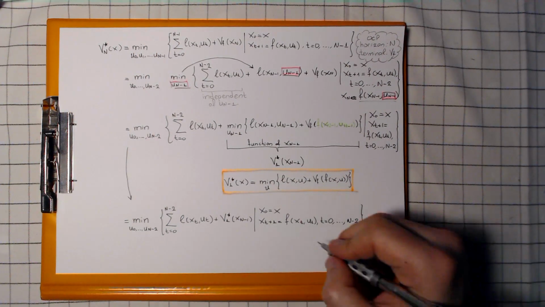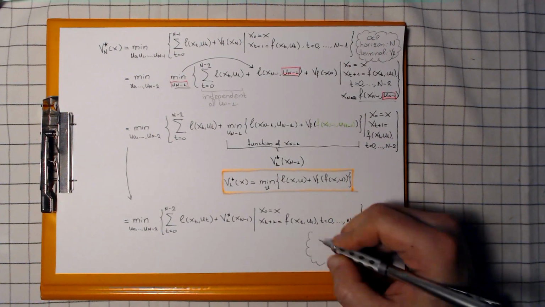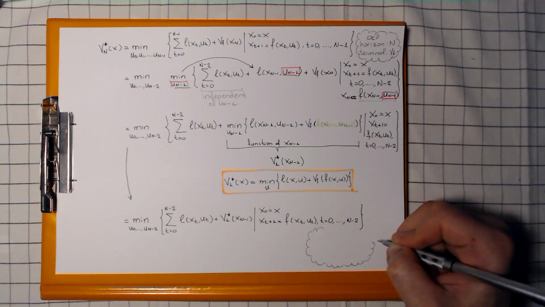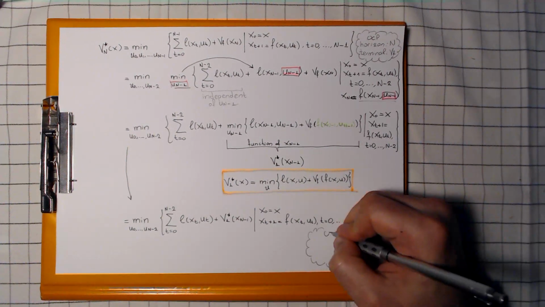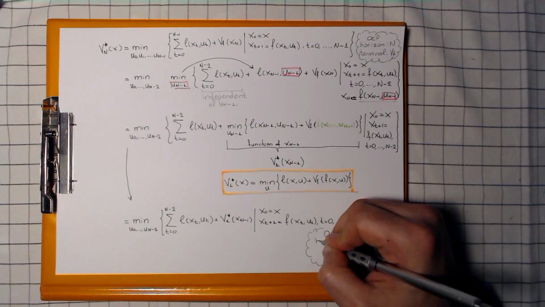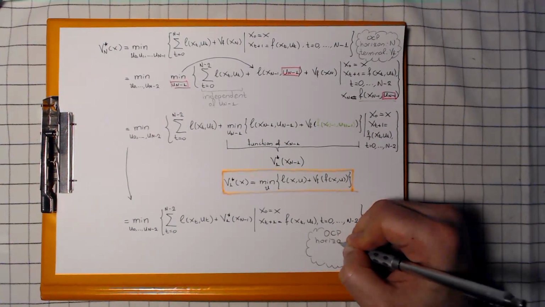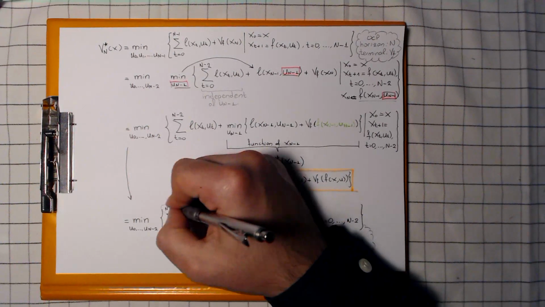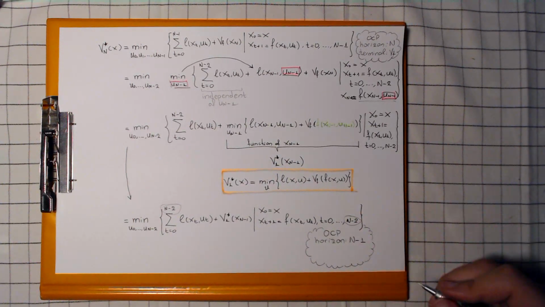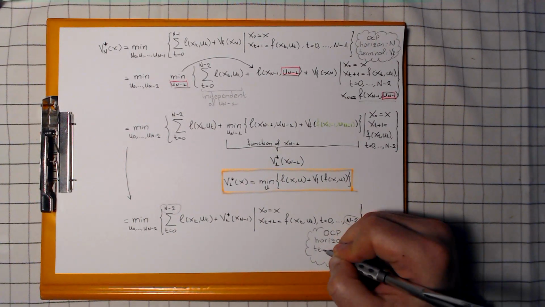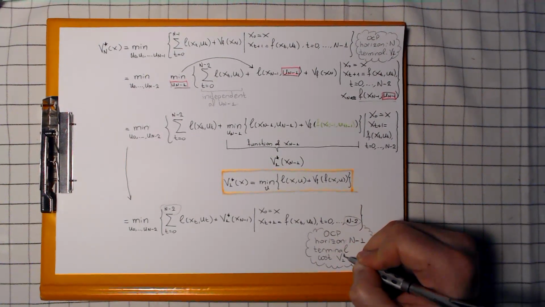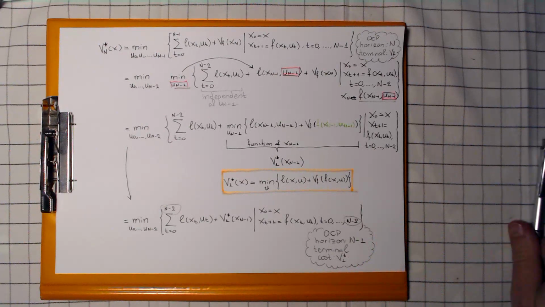Now here, the equivalent Vn star has been written as an optimal control problem again, but with horizon n minus 1, you see, n minus 1, and terminal cost, a different terminal cost now, V1 star. This is the terminal cost.